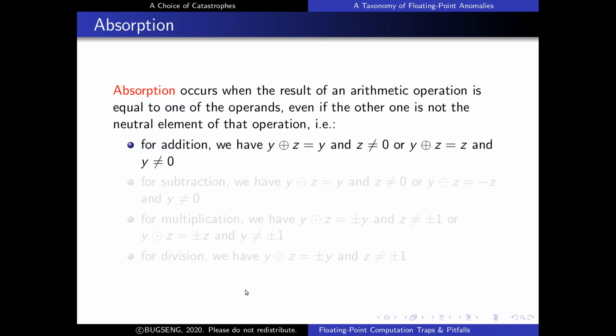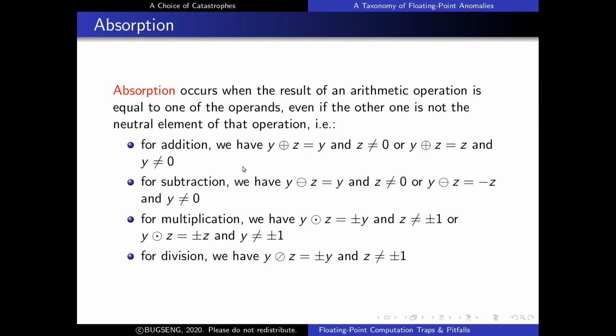So another generally bad thing is called absorption. I'm just recalling it because it was one of the subjects of the first webinar. It's when one operand is absorbed into the other. So for example, in addition, it is when we do y plus z and we obtain y, but z is not 0. So z was absorbed into y.